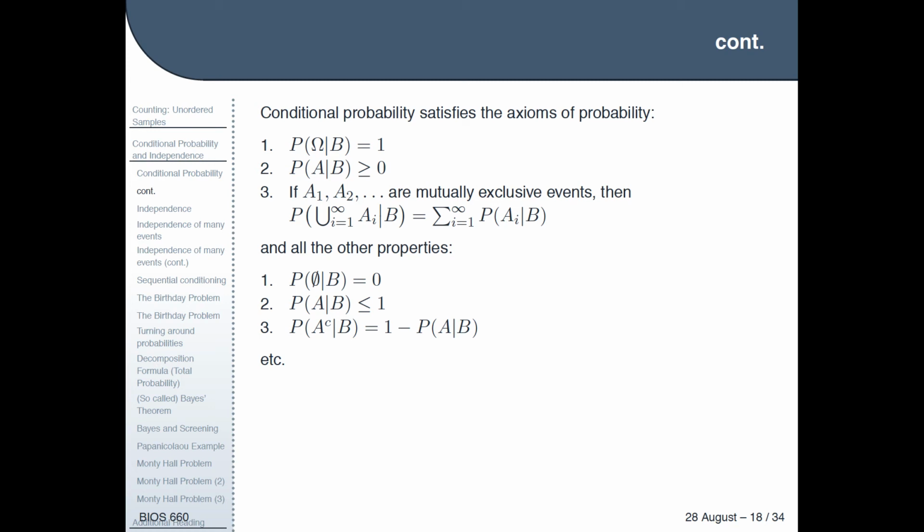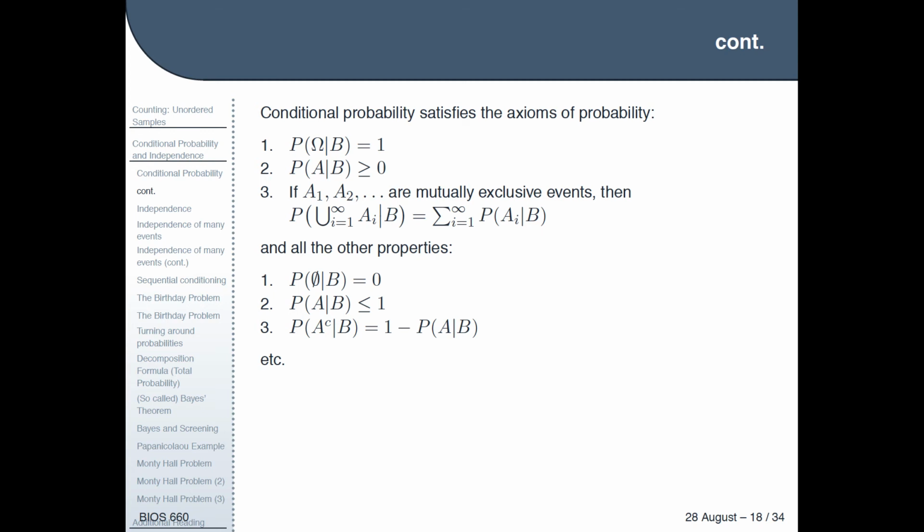And conditional probability satisfies all the probability axioms just like regular probability does. It's easy to show the probability of the sample space given that B is just equal to 1.